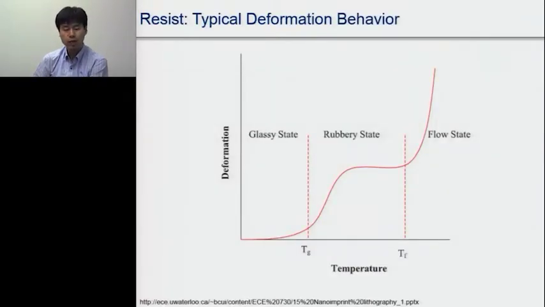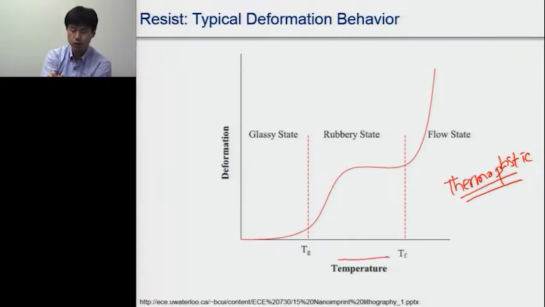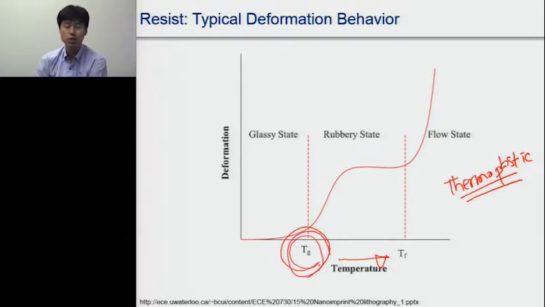Before we talk more about the processes, let's talk about the resist. We are using a thermoplastic, whose state changes as we increase the temperature. For these techniques, the glass transition temperature, in other words Tg, is a very important parameter for this thermoplastic.